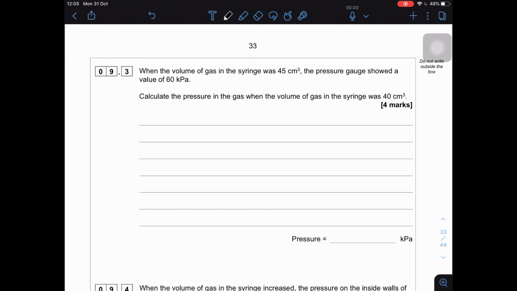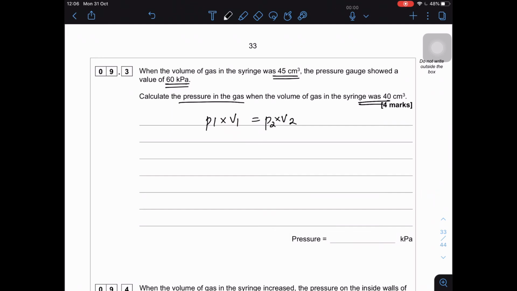So when the volume of the gas was 45 centimeter cube, the pressure gauge showed a value of 60 kilopascals. Calculate the pressure in the gas when the volume of the gas in the syringe was 40 centimeter cube. Now here we are using the equation P1 V1 equals P2 V2.